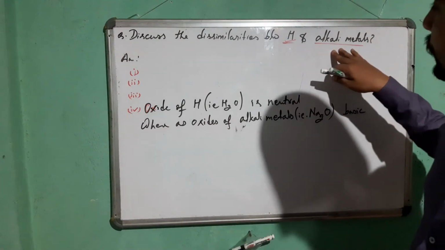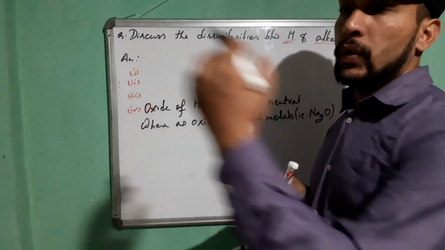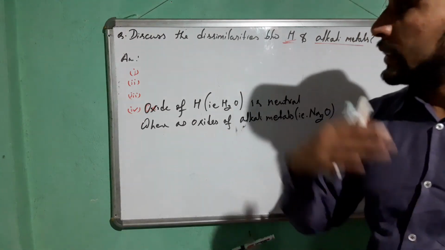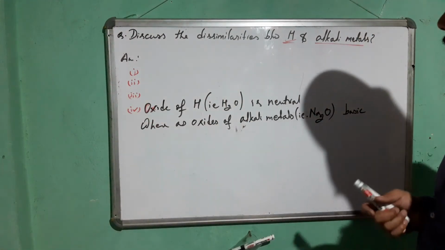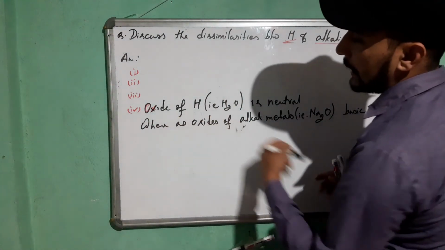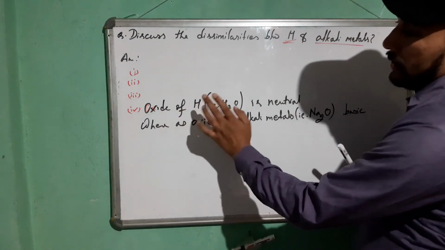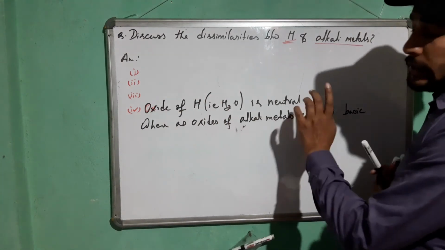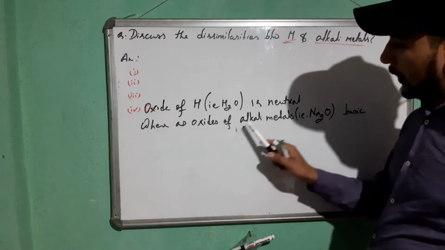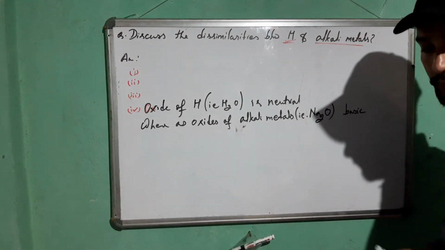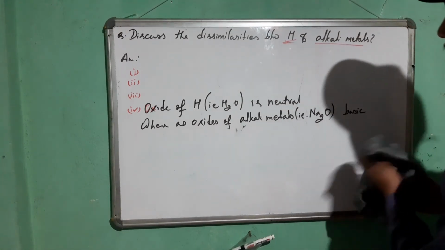Electropositive means they have the tendency to give, share, or donate electrons. Next, oxide formation. Oxide of hydrogen, that is water, is neutral in nature, whereas that of alkali metals is basic in nature.